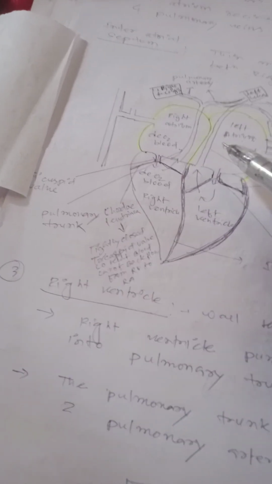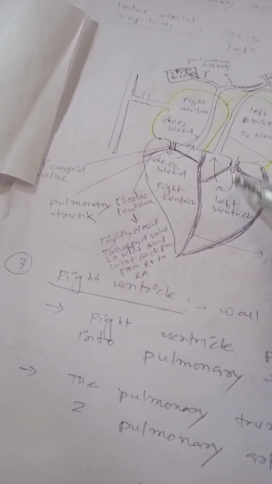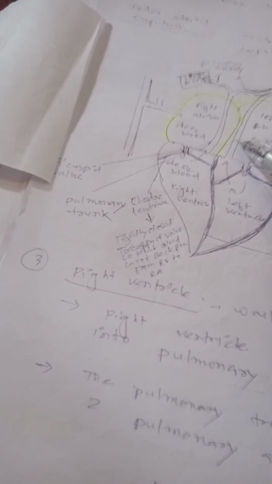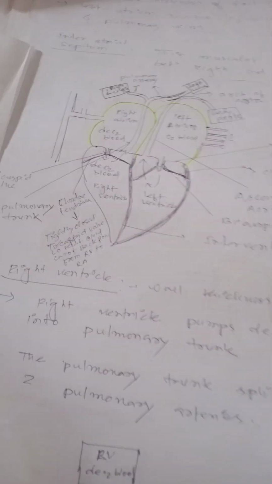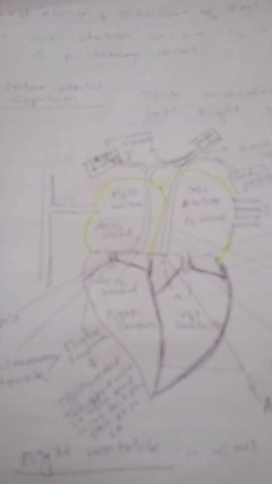After the blood enters the ascending aorta from the left ventricle, the aortic semilunar valve prevents backflow of blood from the ascending aorta to the left ventricle.